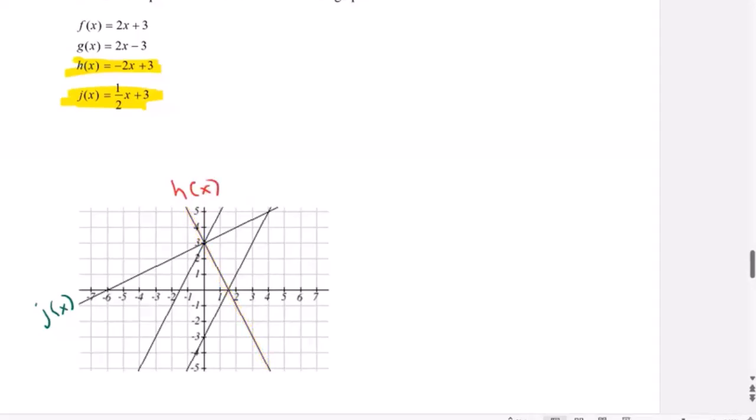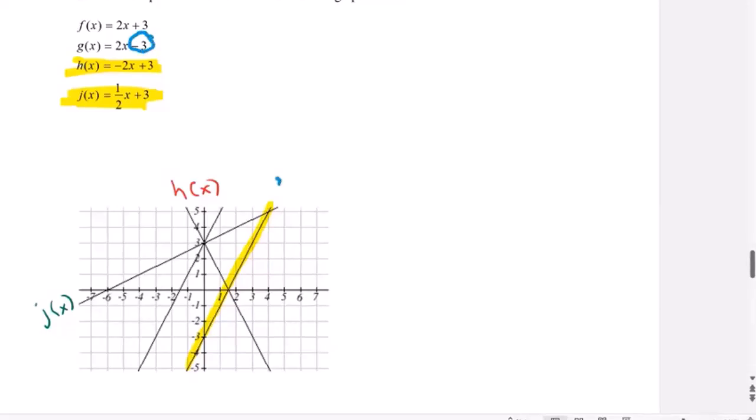Okay, it's going pretty easy, right? Now, I only have one line that's going through -3. That's my intercept. So that means, again, it has to be g of x because that's the only one with a negative intercept.